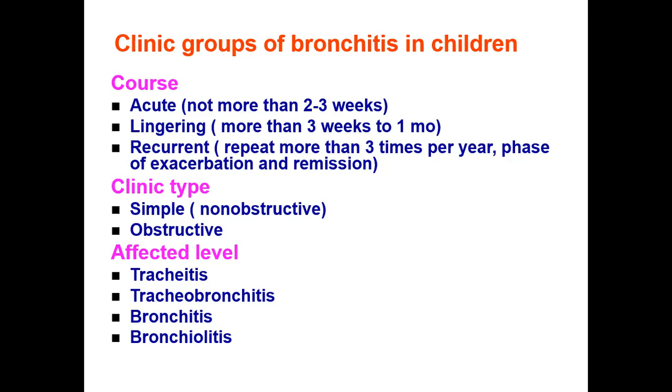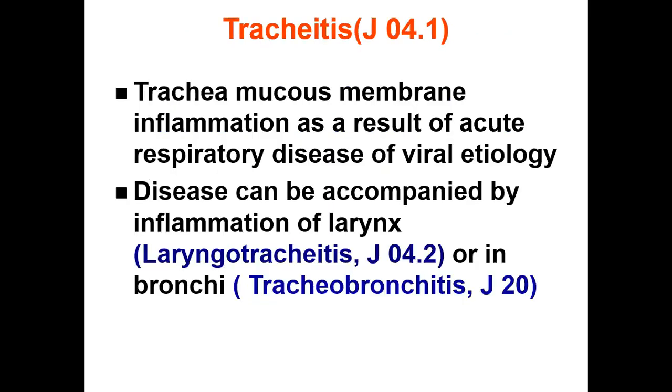By course: acute, lingering 2-3 weeks, lingering more than 3 weeks and up to 1 month, recurrent, repeating more than 3 times per year. Clinical type: simple or obstructive. Affected level: tracheitis, tracheobronchitis, bronchitis, or bronchiolitis.